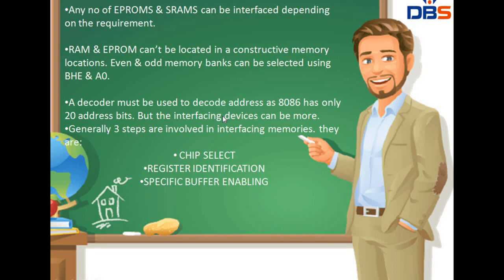Generally, 3 steps are involved in interfacing memory. They are chip select, register identification, and specific buffer enable. Chip select: what type of IC we need to select. And register identification: where we are going to store this. For example, if you need to store the result, we go for the AF register.